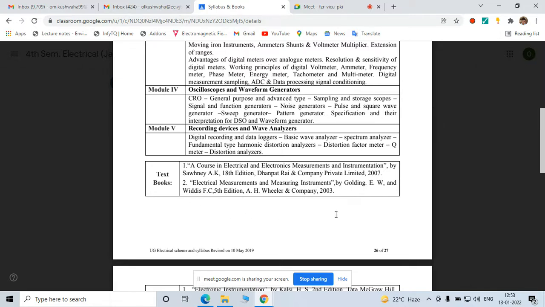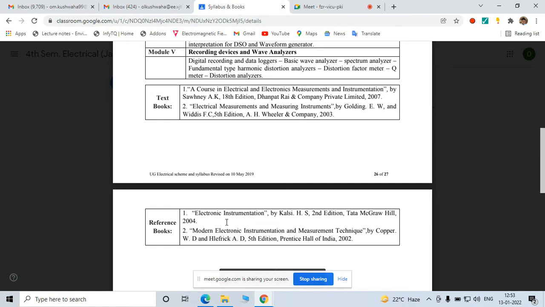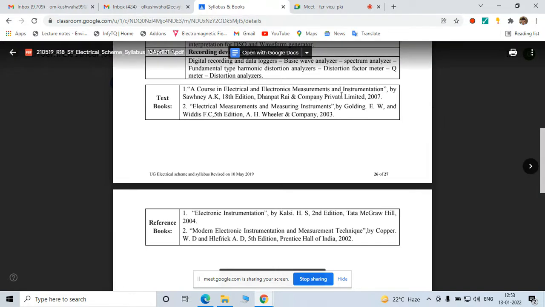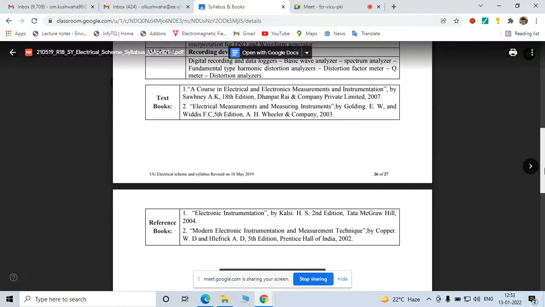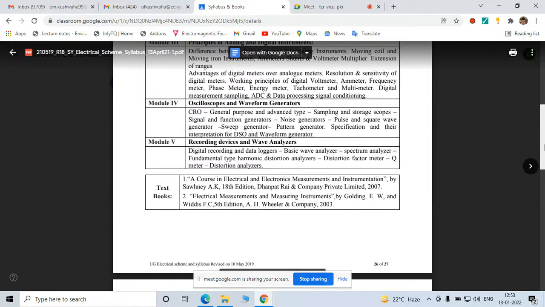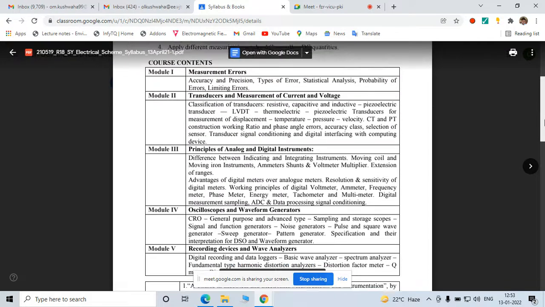You can use these two textbooks, and there are also two reference books given. From those I will put the A. K. Sawhney PDF and one reference book PDF, Electronic Measurement by Kalsi, on your classroom. These two books I am putting on your classroom link.